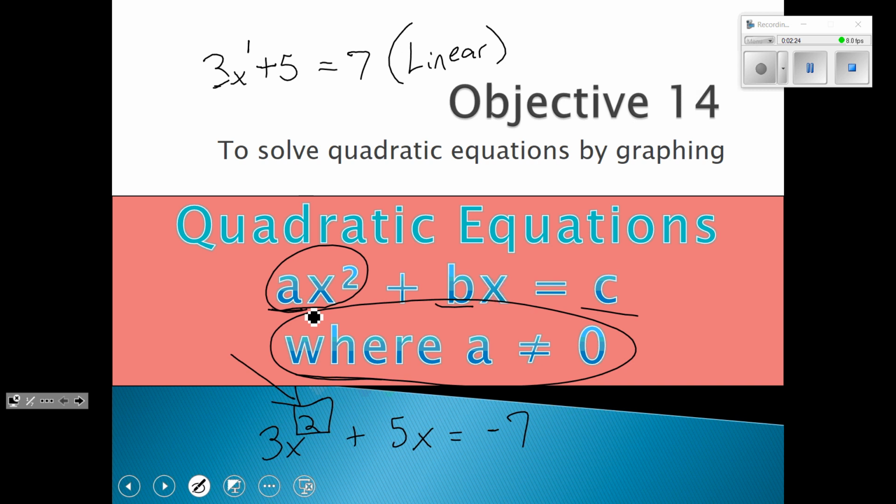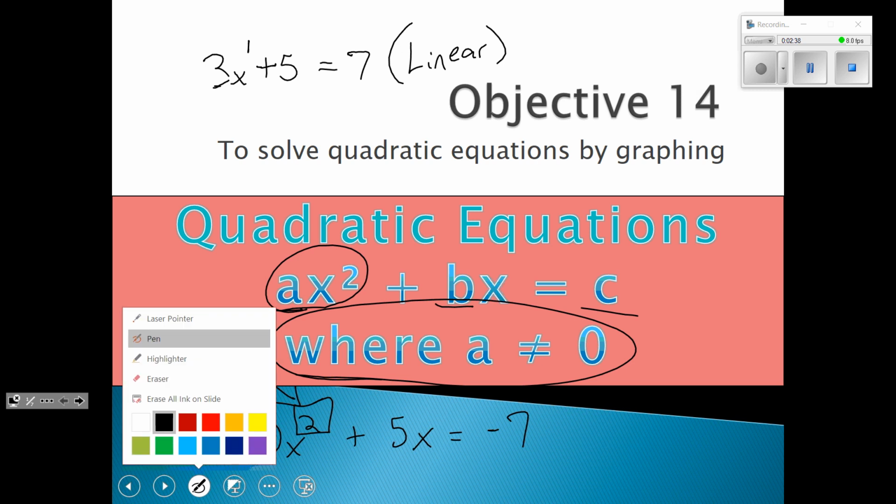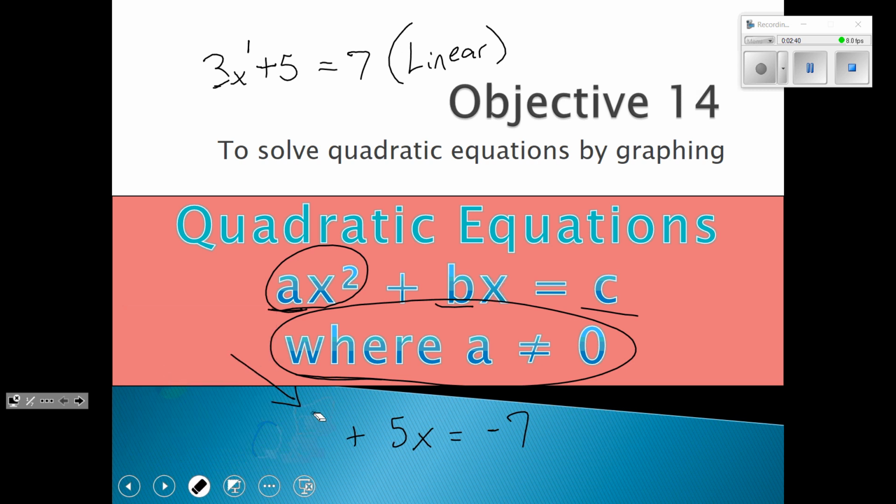So then you put in this little stipulation here that a cannot be 0. a is the coefficient in front of the x squared. Well, if I changed this to a 0, what would happen to the x squared? It would cancel out, because 0 times anything would be just 0.